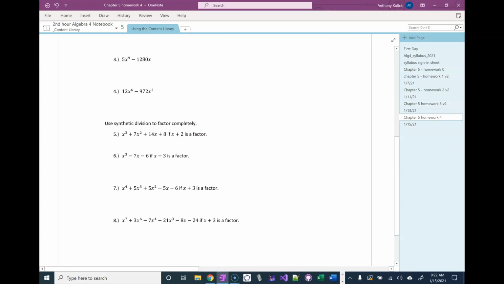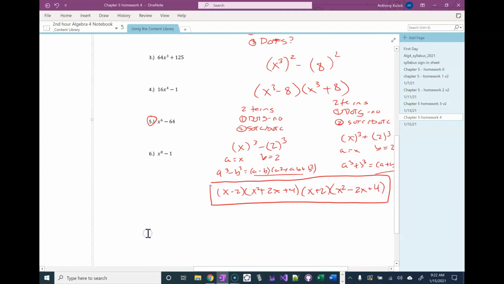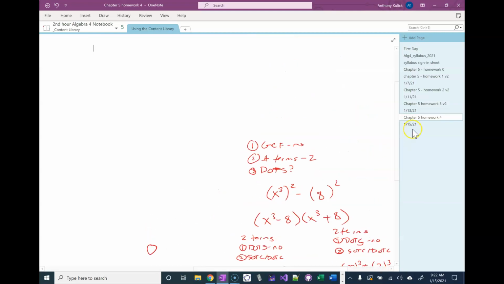Oh shoot, I put this thing in the wrong spot. Great googly moogly. All right, hold on, I gotta do some surgery here.